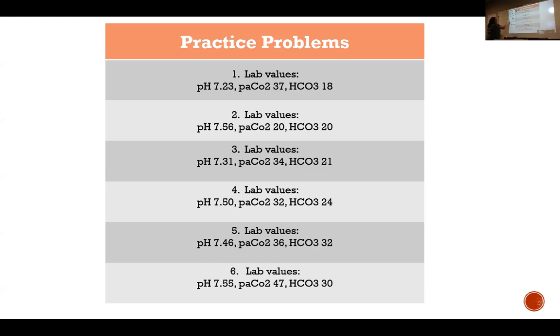Okay, last piece is the bicarb. It's 30. Where does it go? Do we have a tic-tac-toe here? What does that mean? How would we interpret these ABGs? We know it's metabolic because it's the bicarb system that's out, right? So metabolic what?